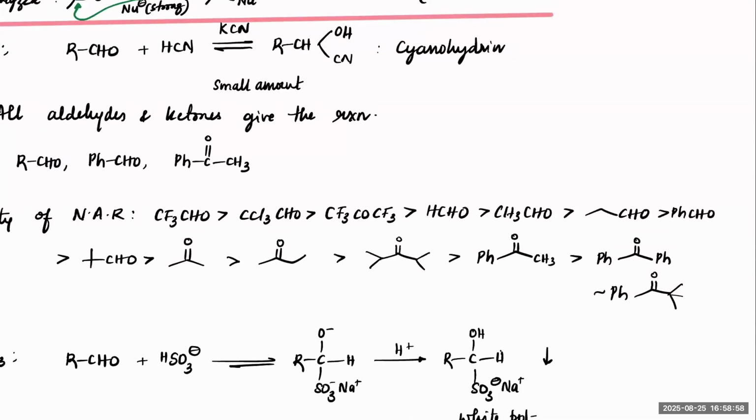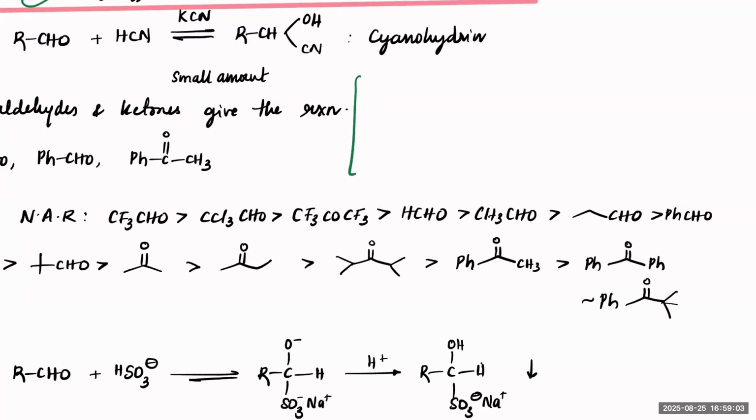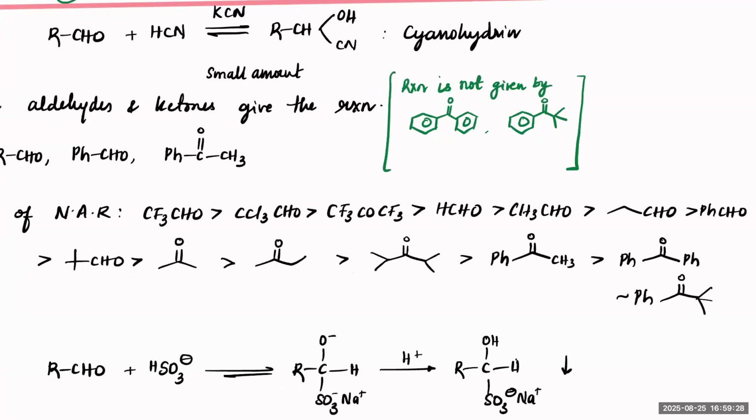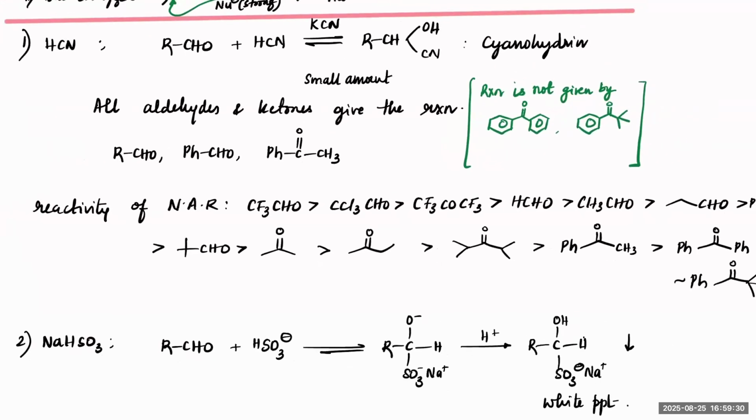The reaction is not given by diphenyl ketone, like this, and by a ketone with phenyl on one end and a bulky group with all three bonds on the other end. These two will not give the reaction. Remember, more than which is giving, always remember which is not giving. It is easier to remember.